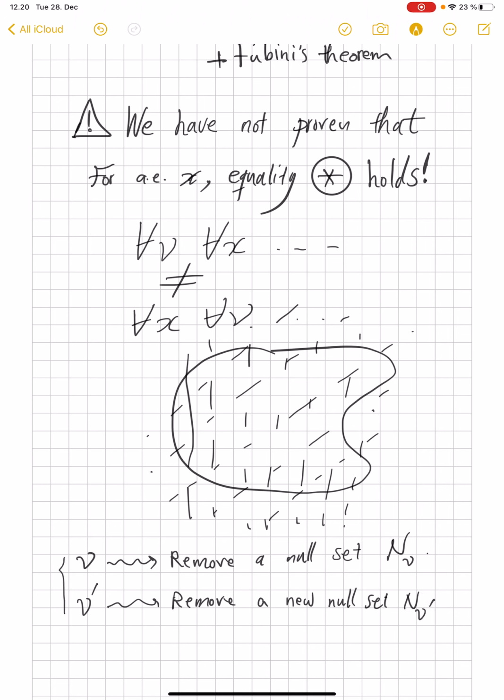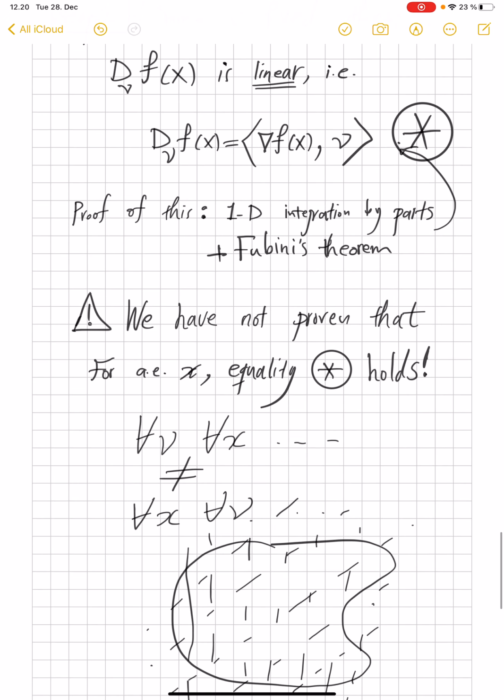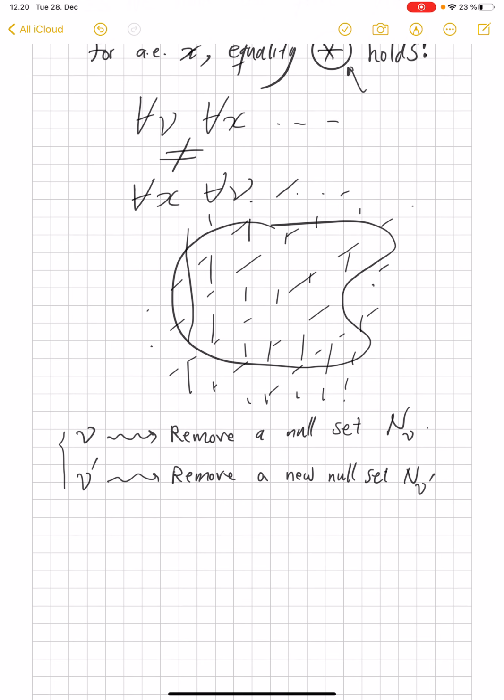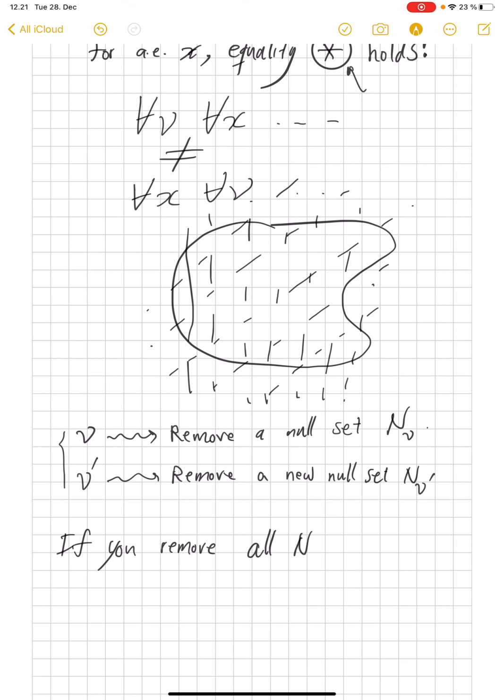So if you wanted to have these facts, step 1 and step 2, especially this fact star, for all v, then you have to remove uncountably many null sets, and then you can end up with an empty set. So if you remove all the null sets N_v for all v, you have star.